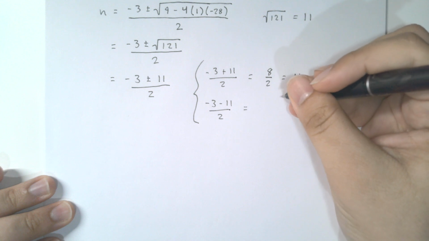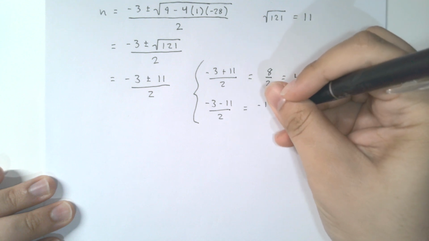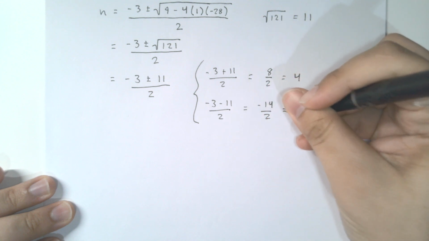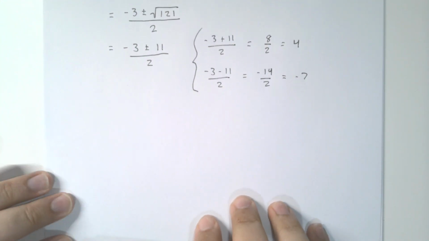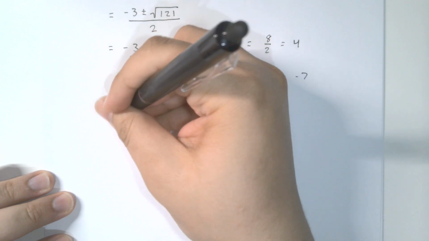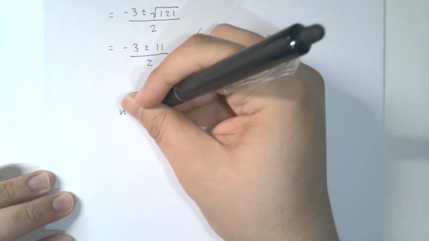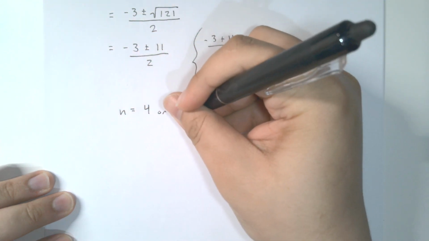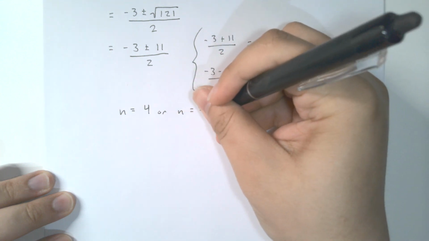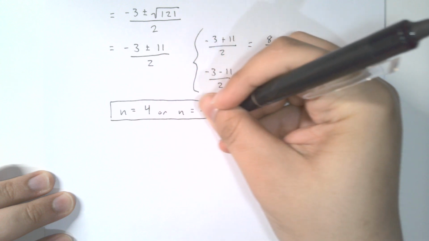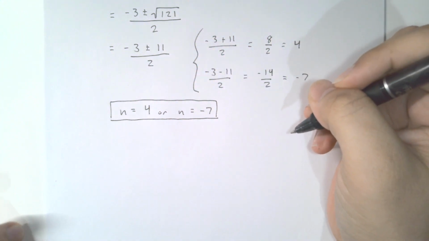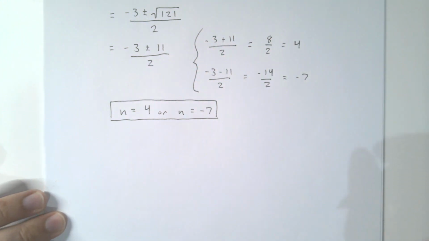And then we'll have negative 3 minus 11, which is negative 14 over 2, which is negative 7. Which means that we have n is equal to 4, or n is equal to negative 7. And so these are our two solutions.